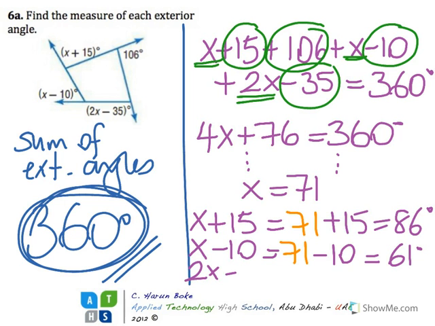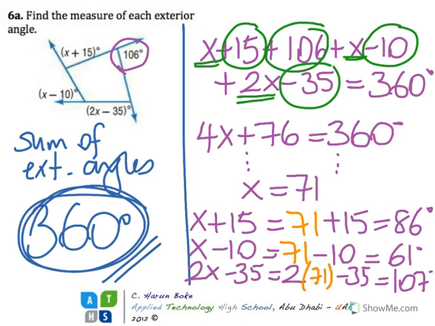And we have 2x minus 35, which gives us 2 times 71 minus 35, and the answer will be 107 degrees, and the last angle we already know.